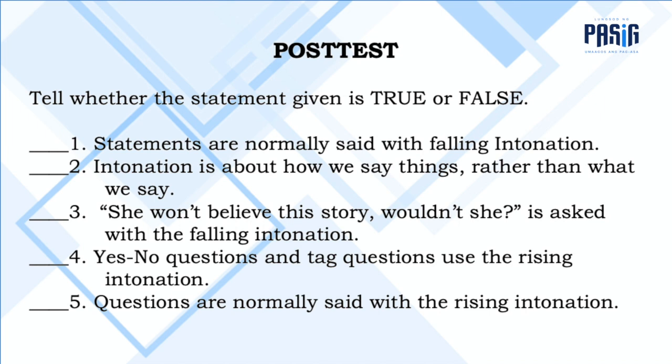Intonation is about how we say things rather than what we say. Number 3. She won't believe this story, wouldn't she? Is asked with the falling intonation. Number 4. Yes-no questions and tag questions use the rising intonation. And number 5. Questions are normally said with the rising intonation.